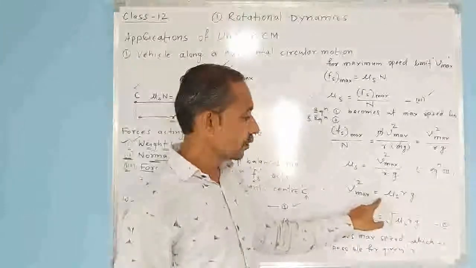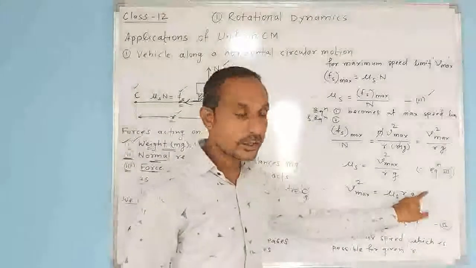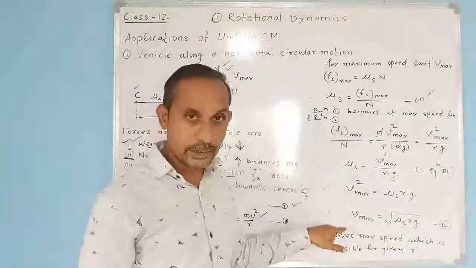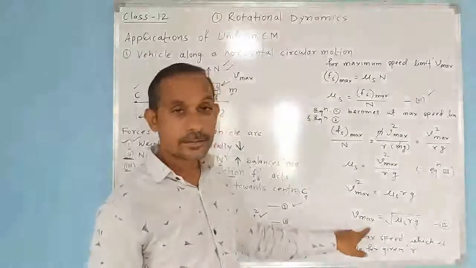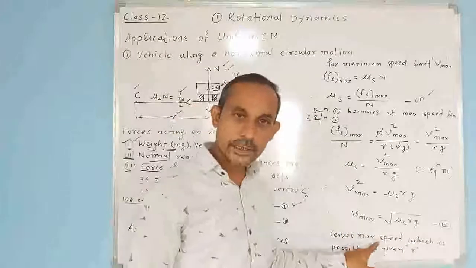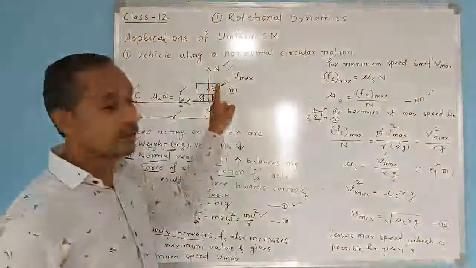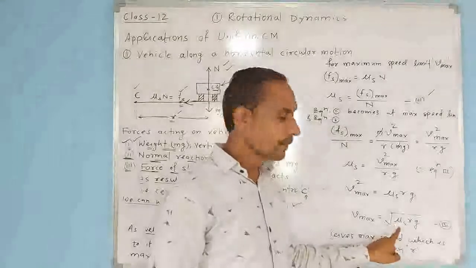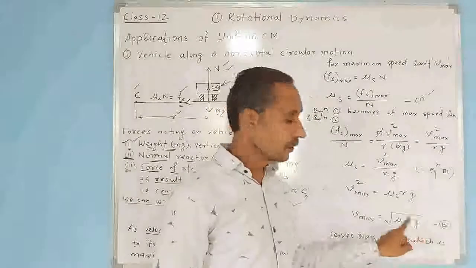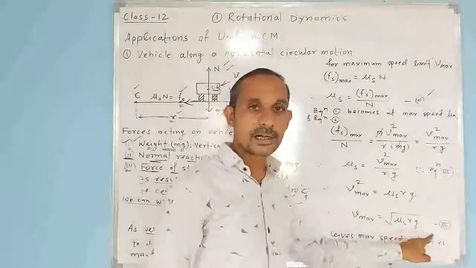By taking the square root, we get Vmax, that means the maximum speed limit for the vehicle, equal to root of mu s rg.